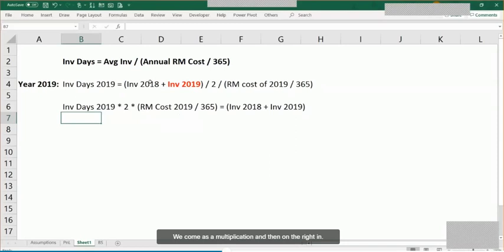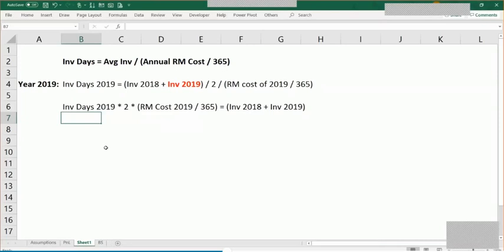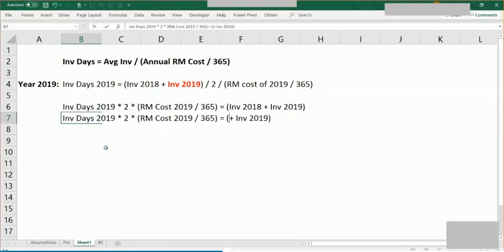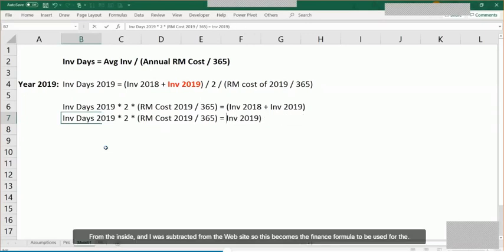And then on the right hand side, we are only left with the 18 plus 19 inventory position on the balance sheet. As you know, we need to work out this 19 number. This 18 portion will come to the left hand side: I would cut it from the right hand side and subtract it from the left hand side.